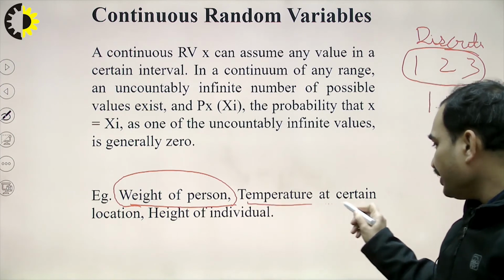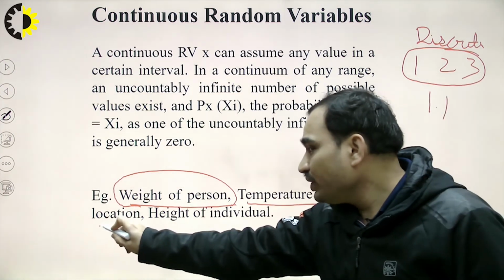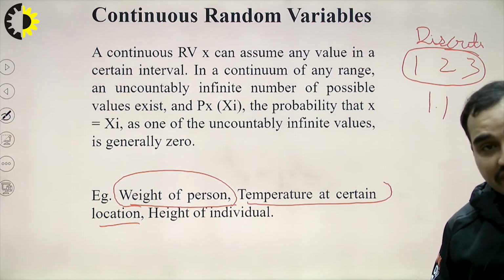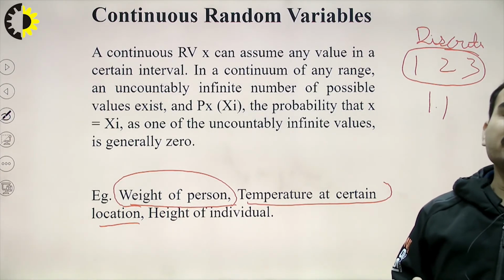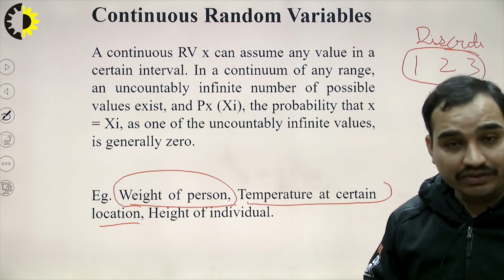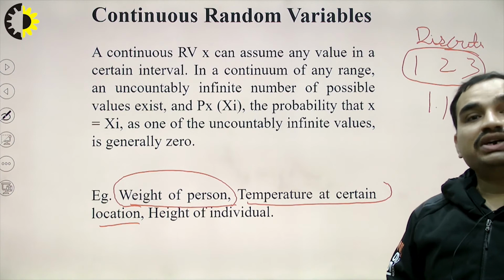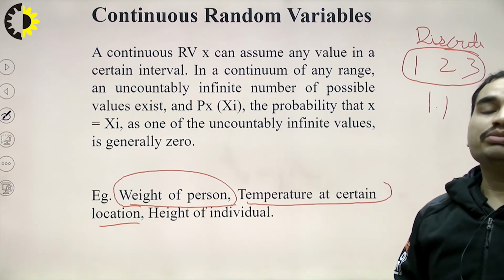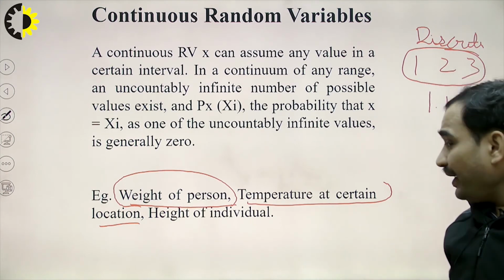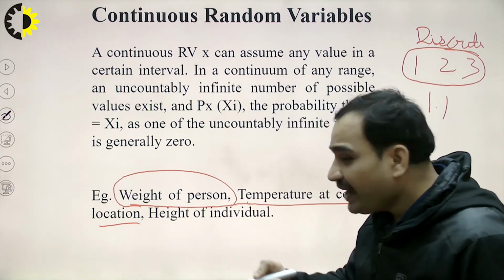Then the temperature at a certain location. Why are we calling it a continuous random variable? Because the temperature can be 16.1, it can be 30.5, or it can be 39.9. It depends, so it can have any value.